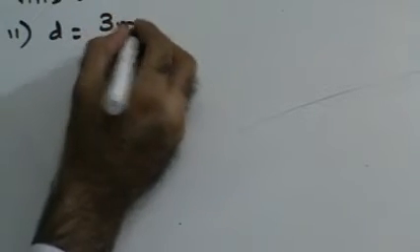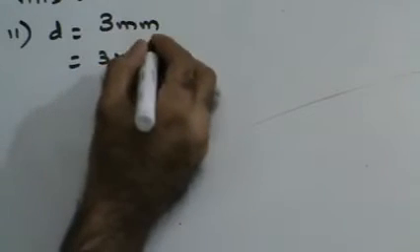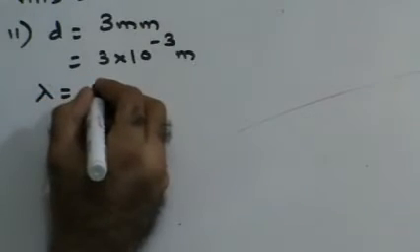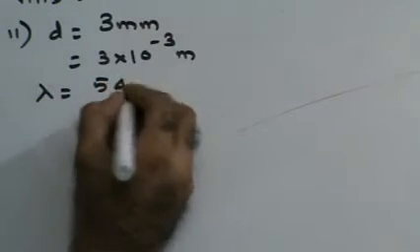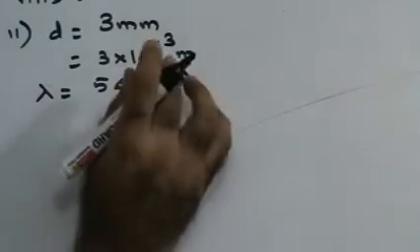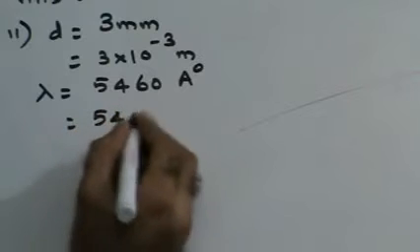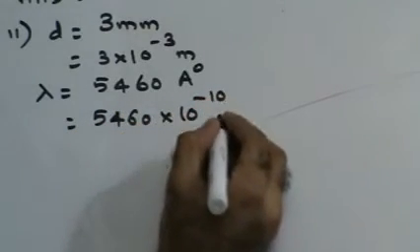Two straight narrow parallel slits are separated by 3 millimeters and illuminated by a light of 5,460 Armstrong units.